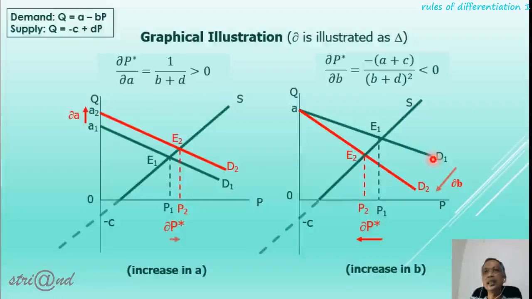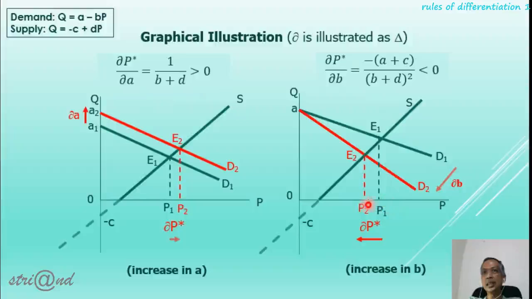B increases means the curve becomes steeper, so it moves from D1 to D2. It rotates actually. It rotates from D1 to D2. And then the equilibrium point moves from E1 to E2 here. And then the price moves from P1 to P2.